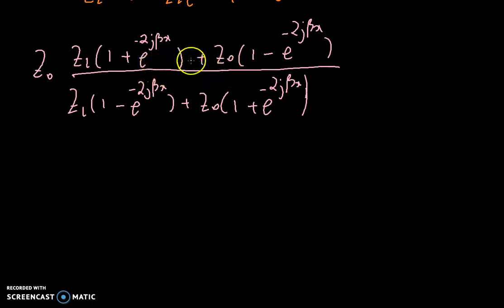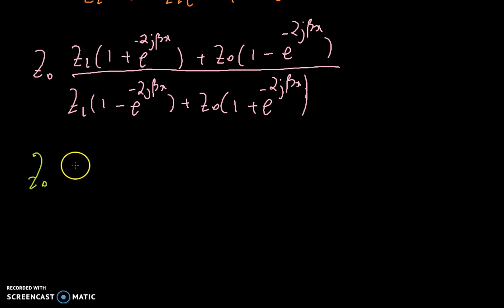So in this case, let me divide both sides, top and bottom, by 1 plus e to the minus 2j beta x.